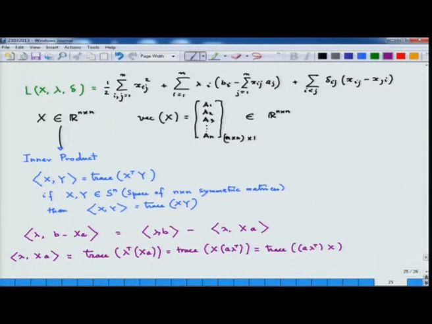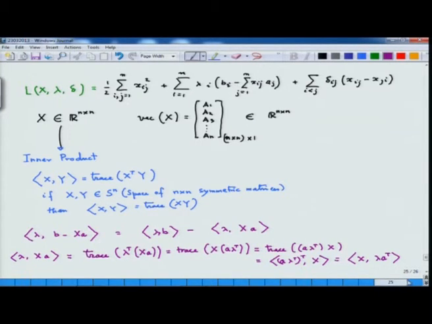So, this simply means the transpose of the transpose. Basically this means A lambda transpose X, which is the same as writing X lambda A transpose.